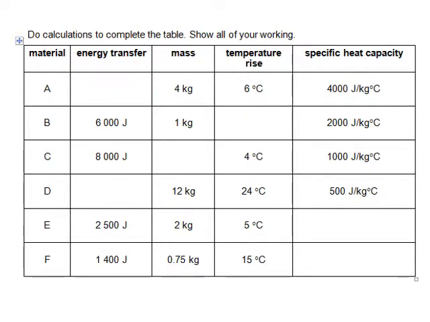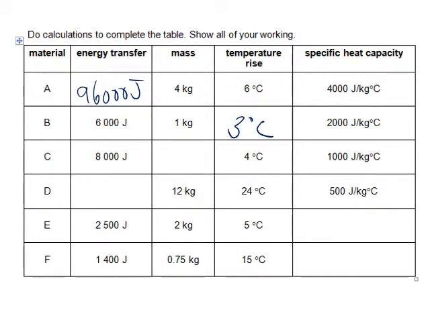The first one would be Q equals MC delta T, so it'll be 4 times 6 times 4,000, which will be 96,000 joules. The next one, we want to know the temperature rise, so it'll be Q divided by C times M. First we'll work out C times M, so 2,000 times 1, so it'll be 6,000 divided by 2,000, that's 3 degrees Celsius.